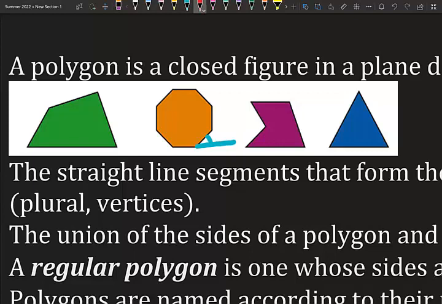So we know the total of everything on the inside is 1080 degrees. If it's all 1080 degrees and it's a regular polygon, can't we determine at least one of them? We can determine one of them on the inside, and we do that by dividing.